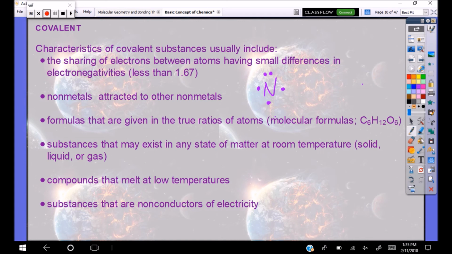So if there's a box around it, you should have one on each side of the box before you start pairing up. Say we had something like sulfur. It's got 6. 1, 2, 3, 4, 5, 6. Just like that.